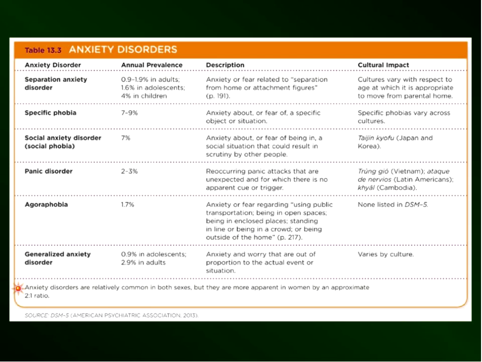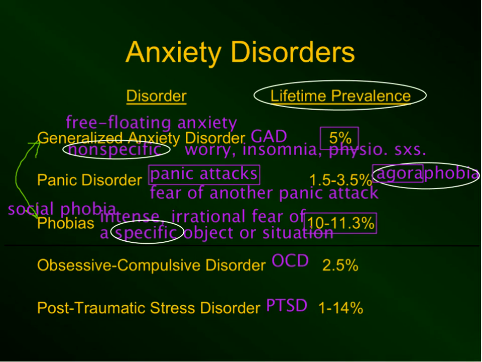Note down the bottom here, anxiety disorders are relatively common in both sexes, but they're more apparent in women, basically twice as common in women as they are in men. Okay, so anxiety disorders, and it turns out the mood disorders are more often seen in women than they're seen in men. Okay, but when we get into some of the substance use problems, that's where we see much higher rates in men than in women.